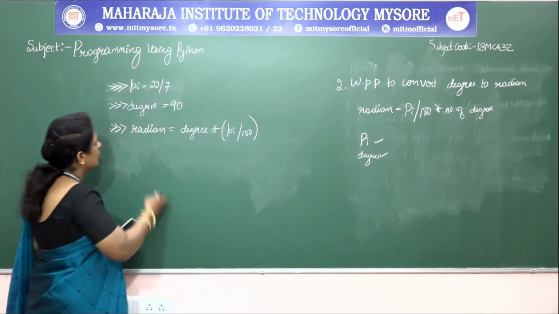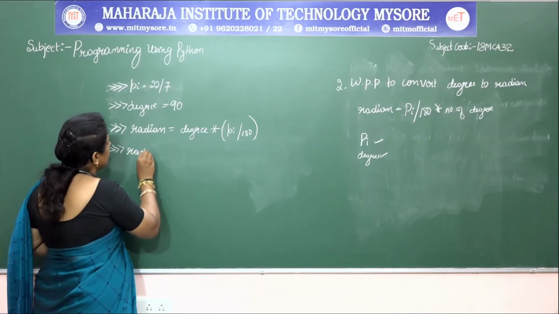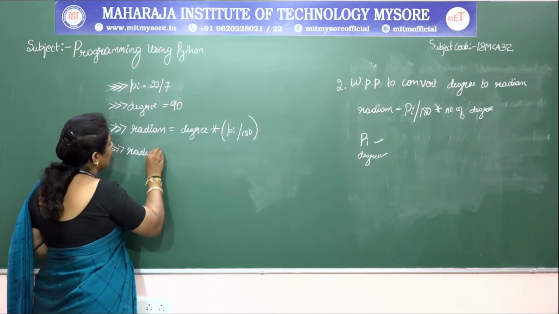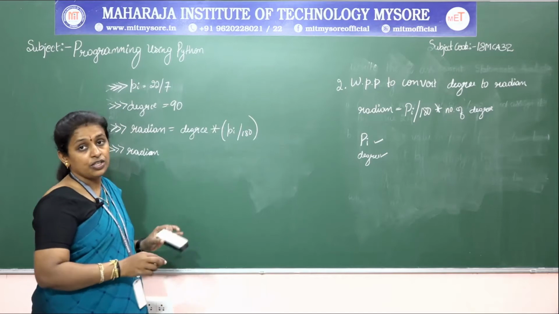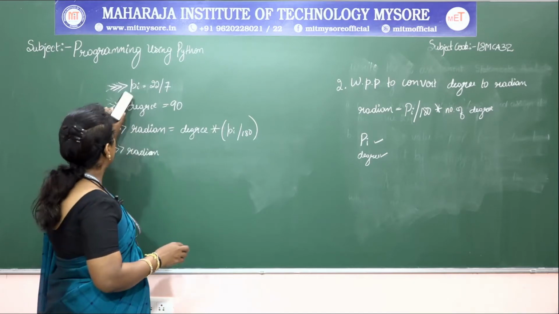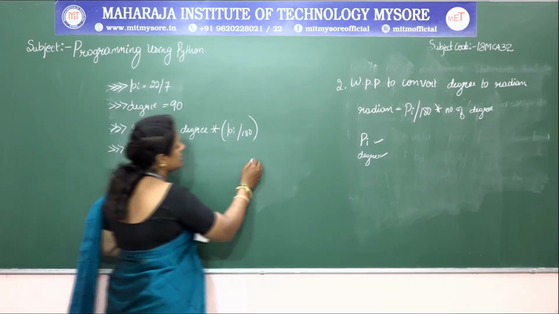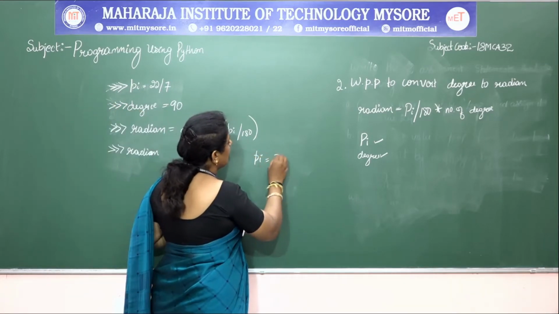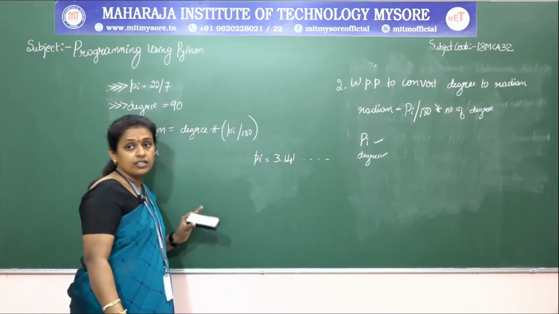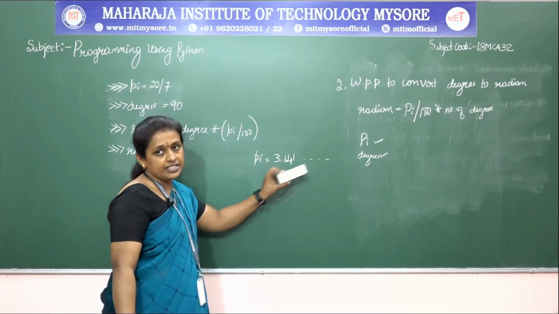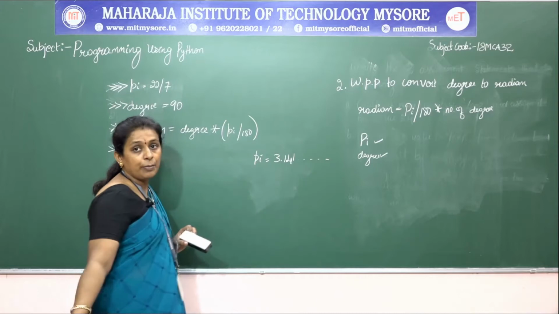After that, I am just displaying the radian value. Let's trace how the value will be converted. For pi, 22 divided by 7, pi will be assigned a value like 3.14, and we will get almost 16 digits of decimal numbers. So that will be assigned to your pi.